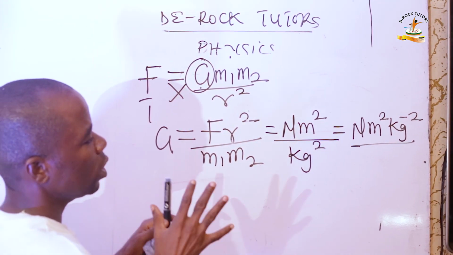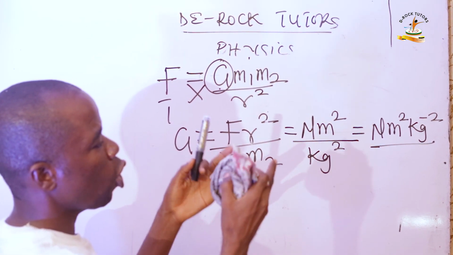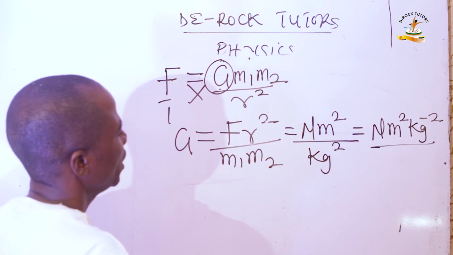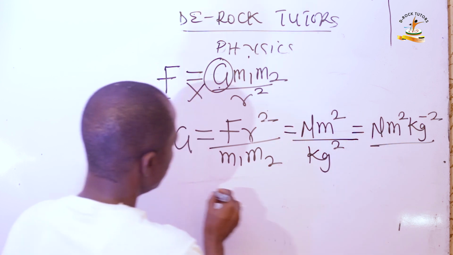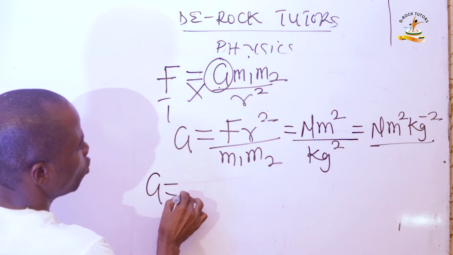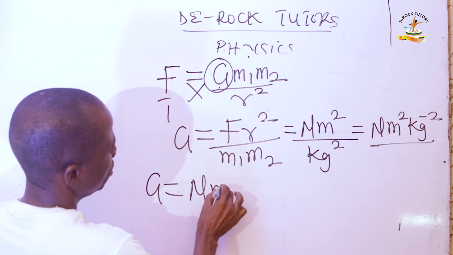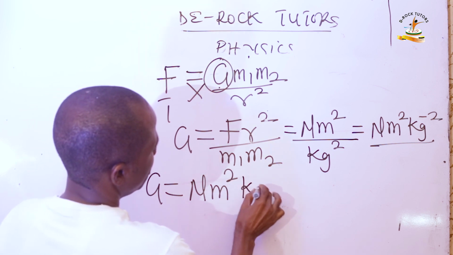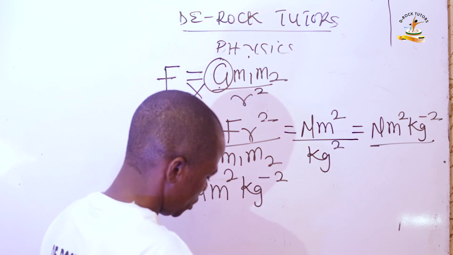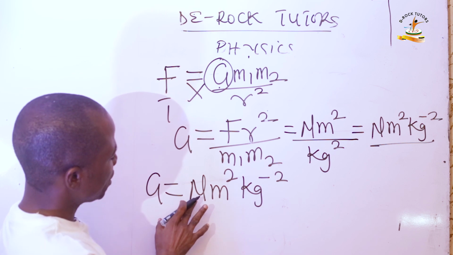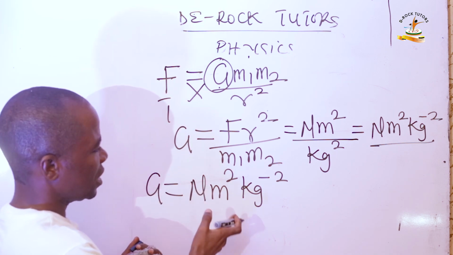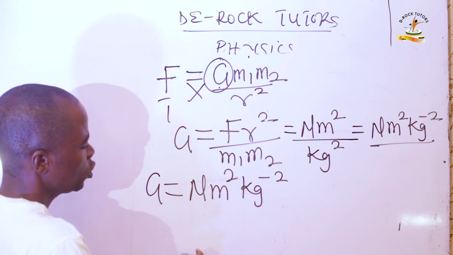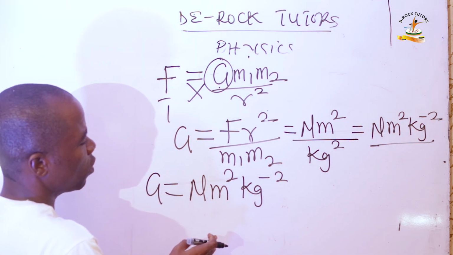Now, let's see what the dimension will be, or how we obtain this particular dimension. We can do that even from this unit. The unit, once again, is Newton meter squared, then kilogram raised to the power minus 2. Now, we know that Newton is the unit of force. So what is the dimension of force?